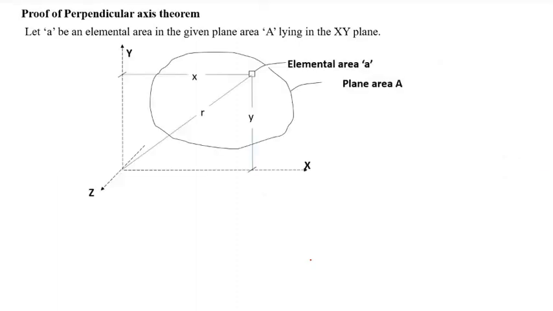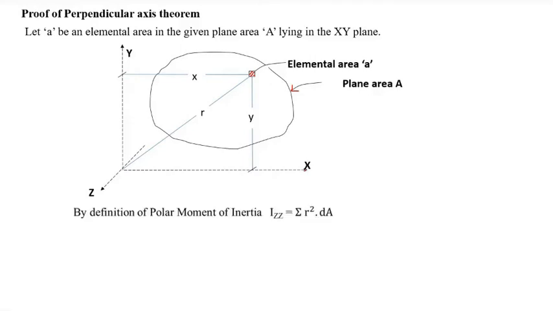Let us consider some irregular area, and let this be the small elemental area dA, and let the total area be capital A. As usual, let us consider x as the distance of the elemental area from the y-axis, and let y be the distance of the small elemental area from the x-axis.